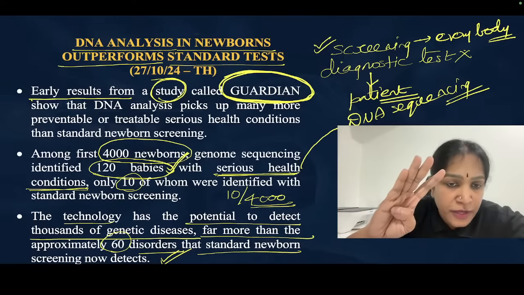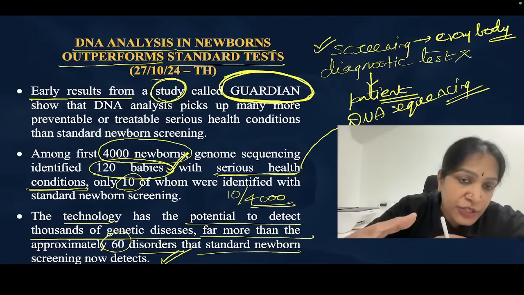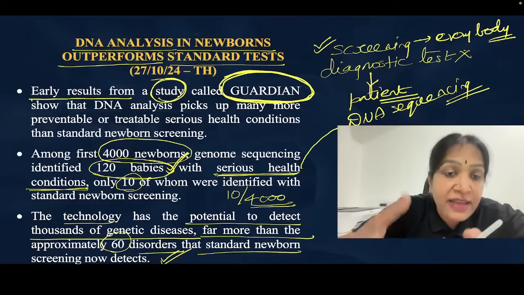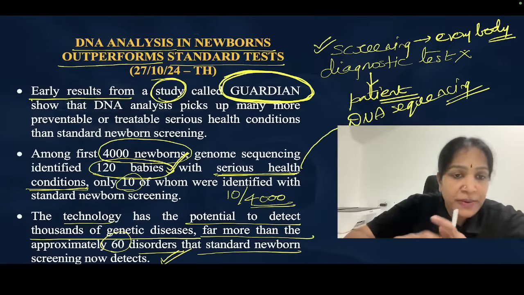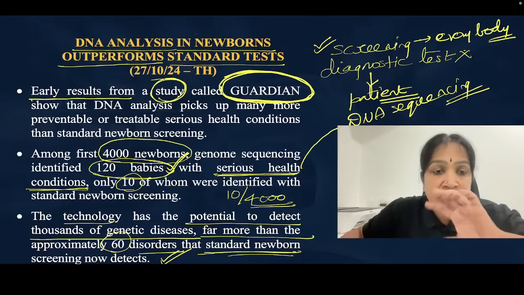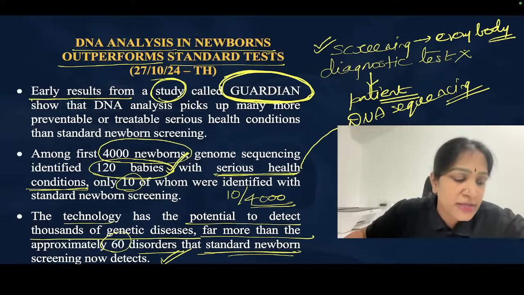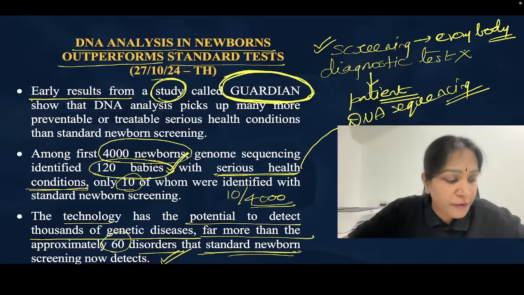Blood test of the newborn baby, urine test, physical examination, checking for symptoms, whether the baby is properly crying or not, whether the baby is responding when you touch the baby. Standard newborn screening cannot detect all the diseases. DNA sequencing can detect all the diseases. So DNA screening is better than the standard newborn screening procedures that are currently being utilized. Clear for all of you?